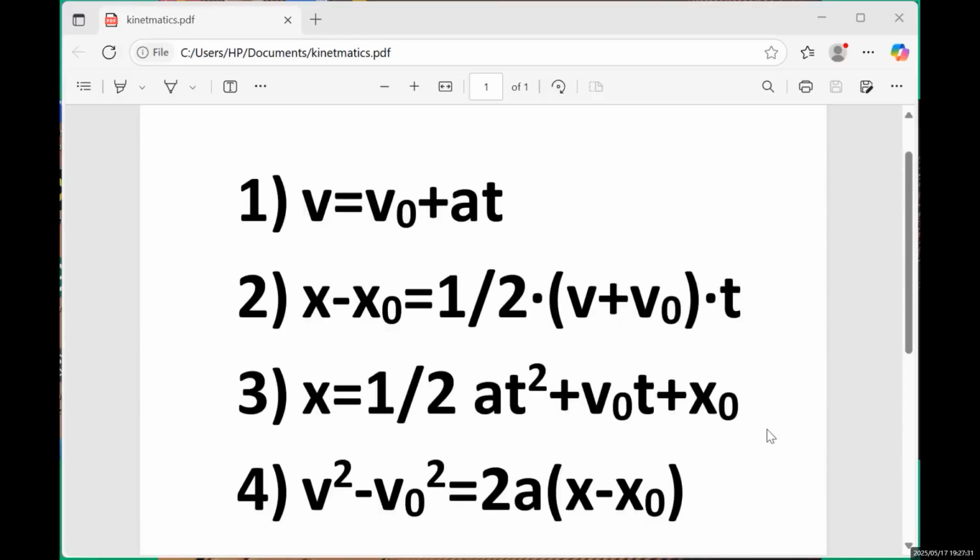Now equation 2. Now let's look at equation 4. We know that a is a constant and it's change in velocity over change in time.